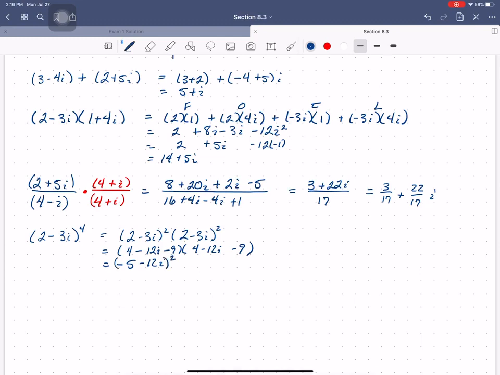Yeah, you can see this is getting ugly, yeah? So you end up with negative 5 squared is 25, plus 120i, minus 144. Yeah, and combine negative 144 and 25.